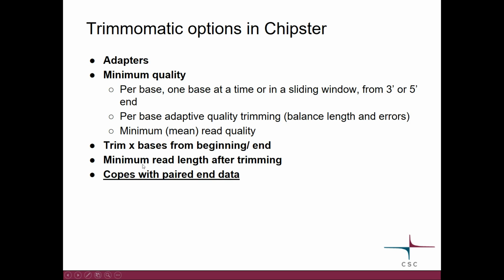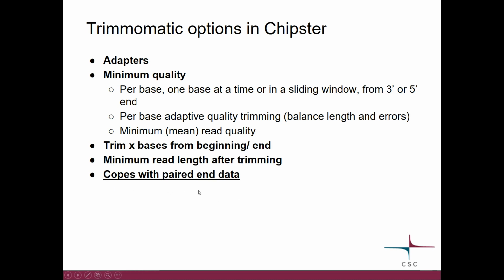There's also an option that after trimming, you only keep reads which are at least a given length. If the read is very short after trimming, you just get rid of it.